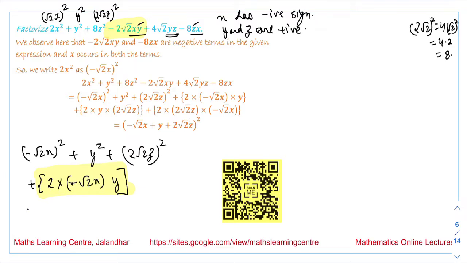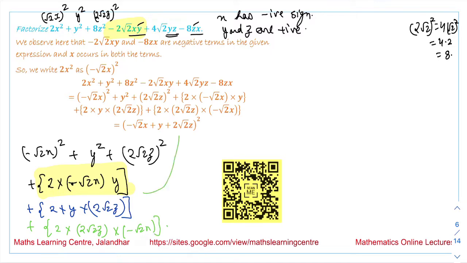Now the next term will be plus 2 into y into 2 root 2z, and the last term we have is 2 into 2 root 2z into minus root 2x. So this is the formula for this particular value, that it is minus root 2x plus y plus 2 root 2z whole square.